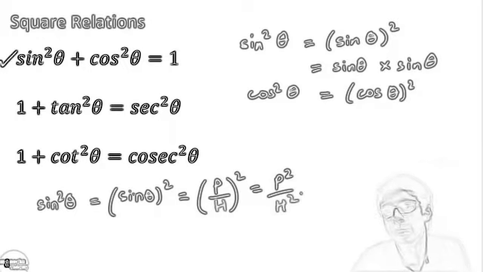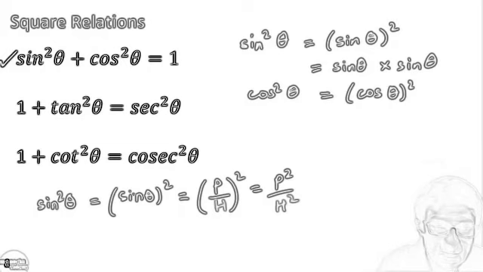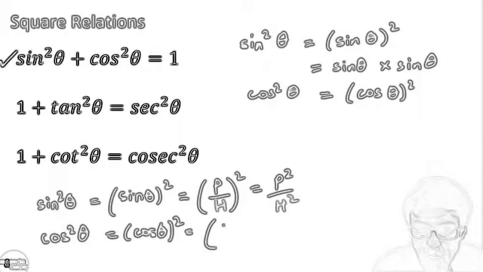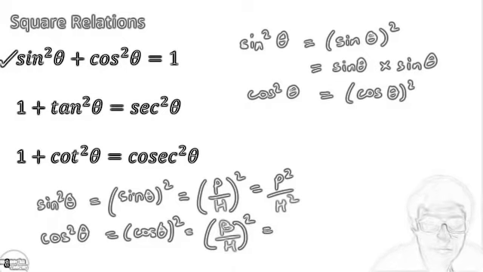Because sine theta is perpendicular by hypotenuse. And similarly, cos square theta is basically cos theta whole square, which is base by hypotenuse whole square. Makes sense? So that's going to be b square by h square.